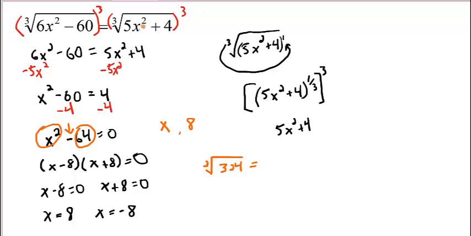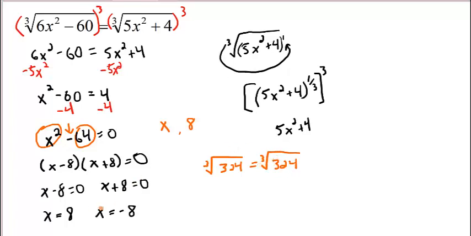And then over here we have x squared, so 8 squared, which is 64, and then 64 times the 5 will be 320, and then 320 plus 4 is 324. And we're doing the cube root of that, so that's going to be the same.